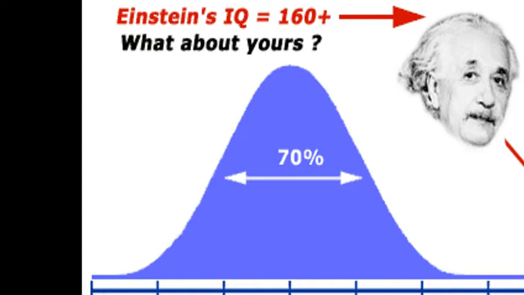So we plot people where they fall within it, and average is 100, but most people fall between 85 and 115, which is about 68% of your population, one standard deviation, and 2 standard deviations fall between 70 and 130. So this helps us to have an idea of a person's mental abilities.